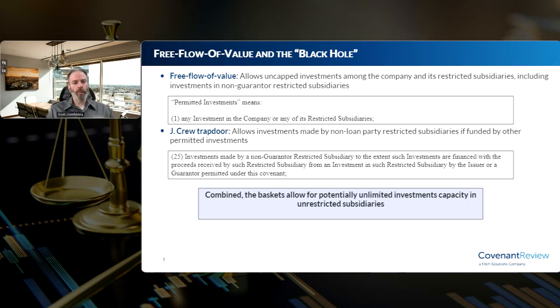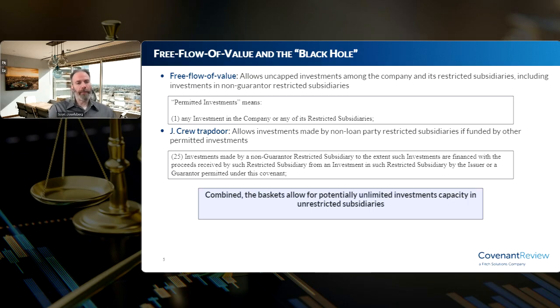So even worse than the original J.Crew, right? Like we said, the J.Crew transaction was relying on a $150 million basket for investments in non-guarantor restricted subs. Wasn't supposed to be allowed for unrestricted subs, but when you paired it with the trapdoor, it could pass through to unrestricted subs.